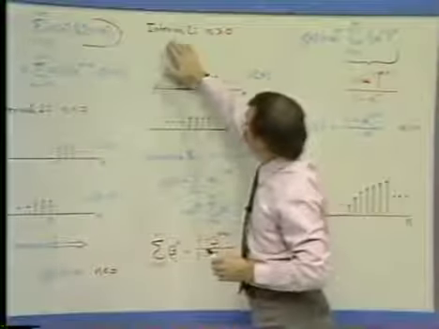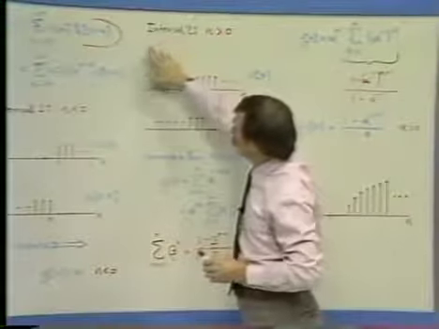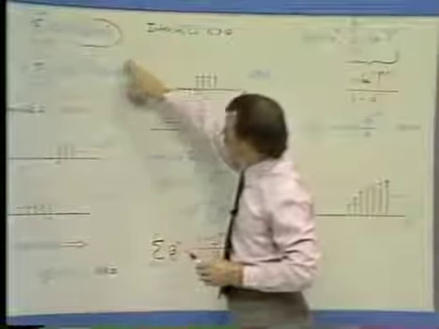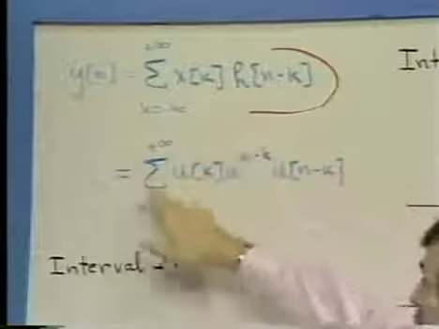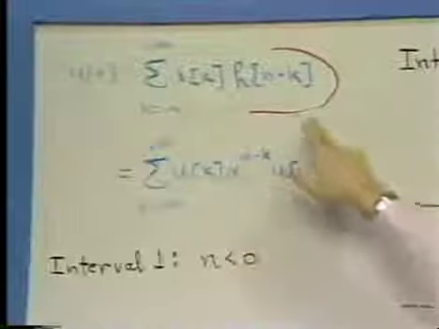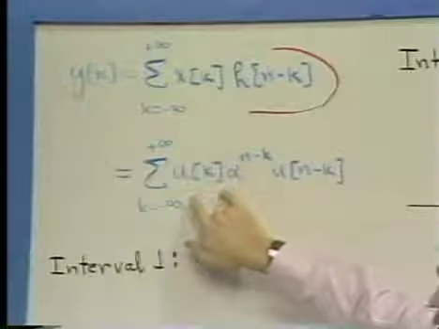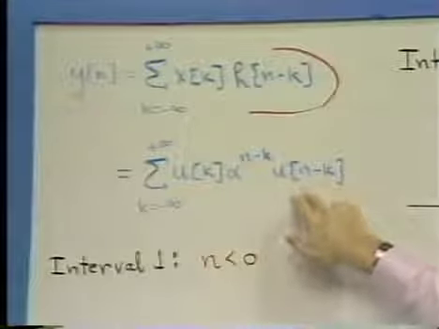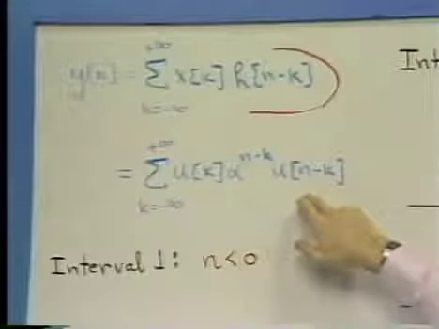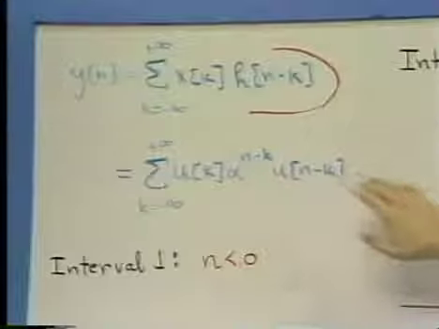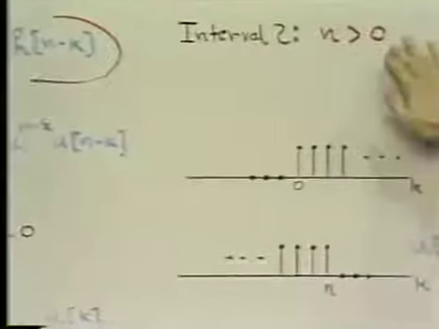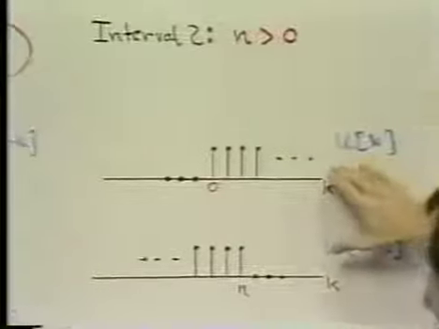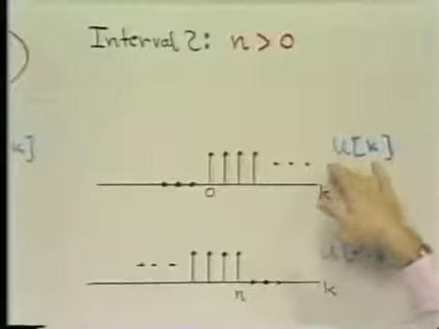If we just look back at the summation that we had, the summation now corresponds to this unit step and this unit step having some overlap. So for interval 2, corresponding to n greater than 0, we have u of k, the unit step.